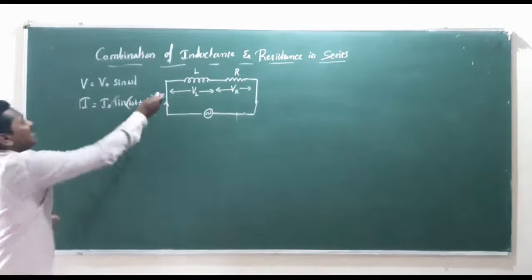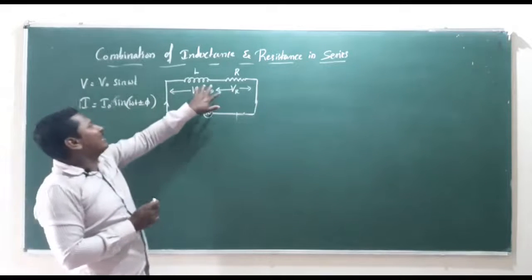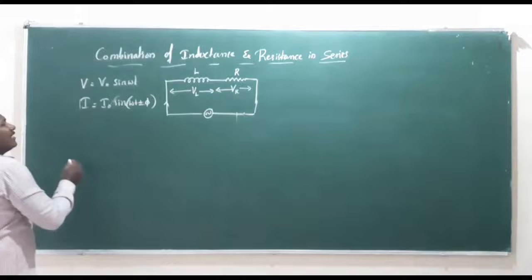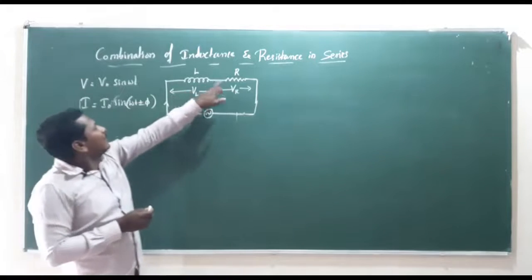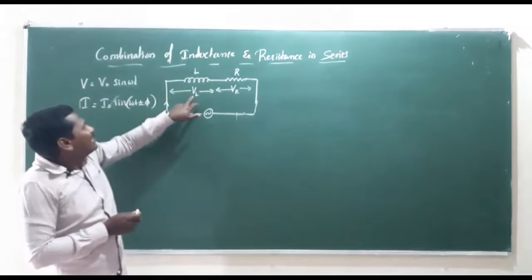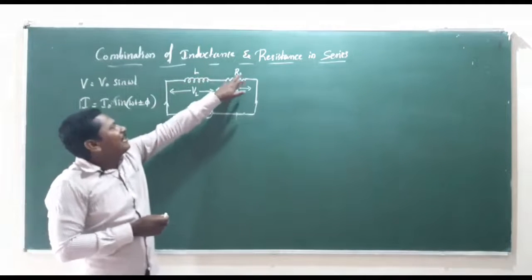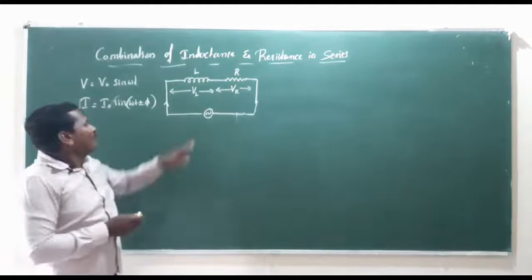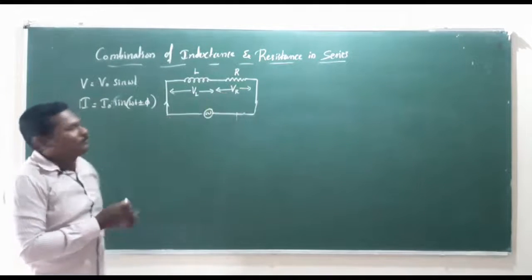Here the inductor and resistor are connected in series, therefore the current flowing through these elements remains the same, but the voltage across the inductor and the voltage across the resistor are different, and we have to take the sum of those.